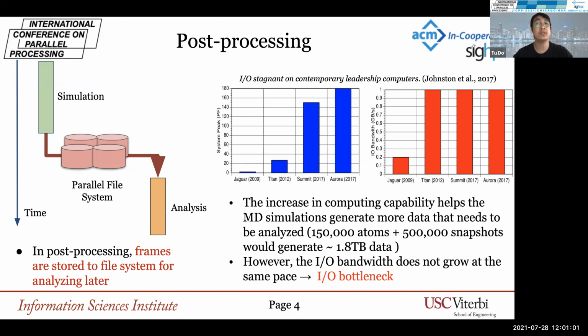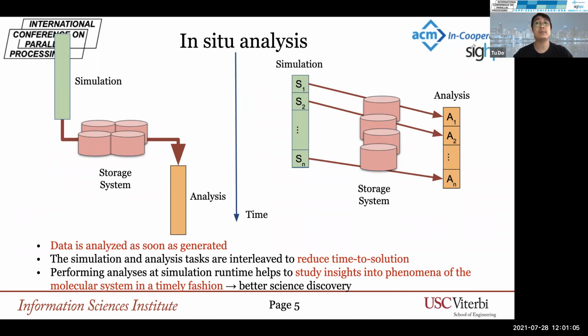In order to overcome the I/O limitations, an alternative processing paradigm has emerged recently, which is called in situ analysis. The intuition is to analyze the data as soon as the data is generated.